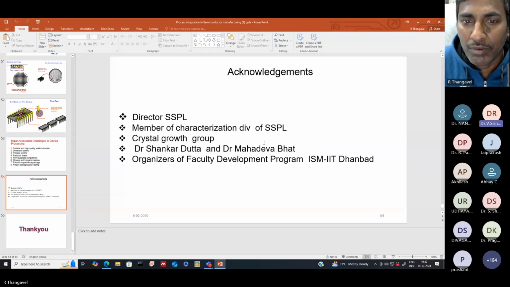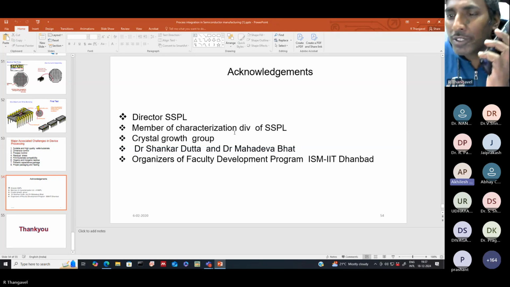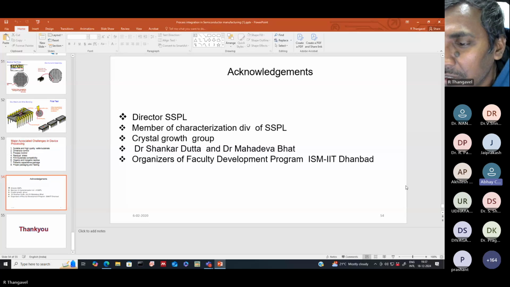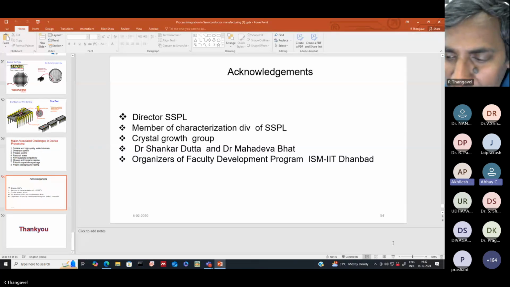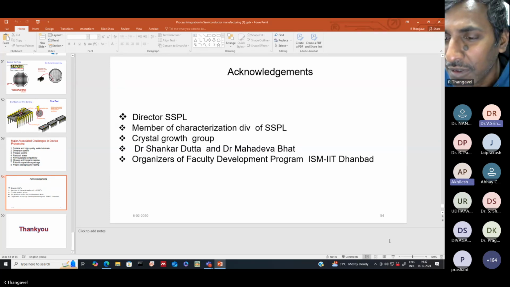Okay, but which is going to give us the purest form of crystal? Can you repeat the question? The question is something like this: which method is to be used for which application? No, I'm asking which method is giving us the purest form of the crystal growth.